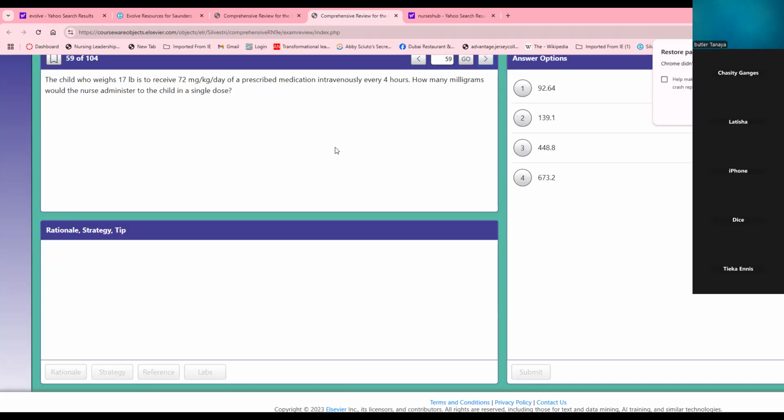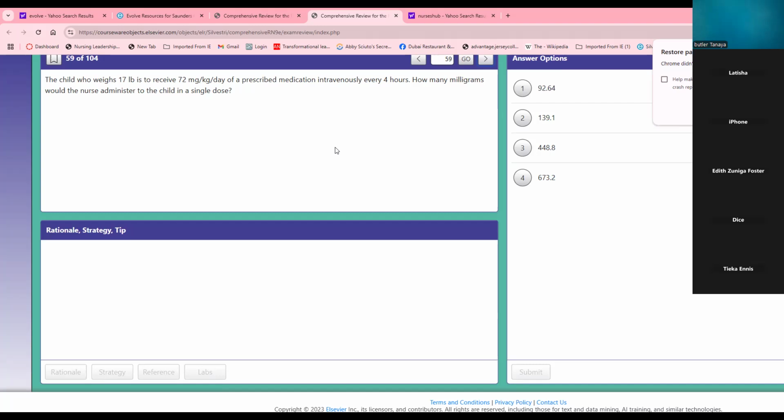Okay, all I want to know here is how many kilograms is the child? And what'd you get? 7.72.